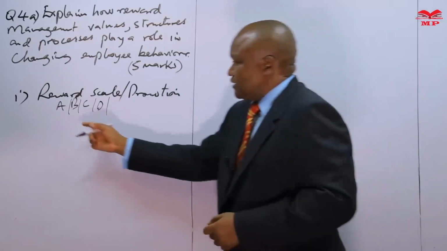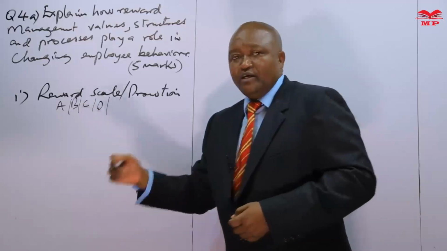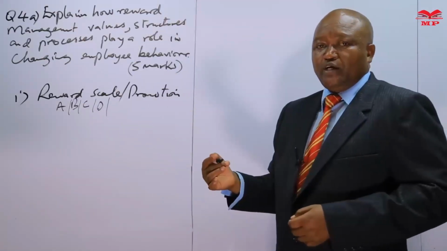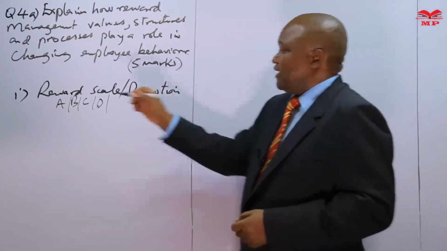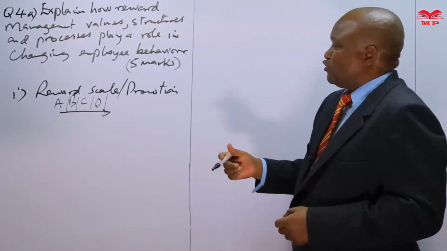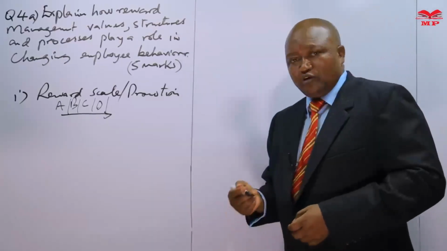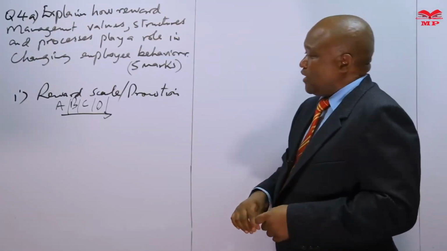If an employee is in scale A and is expected to move to scale B, where the reward structures will move upwards, then the employee will aspire to do whatever it takes to move to a higher scale, maybe through a promotion, to get a higher pay in the reward management process.